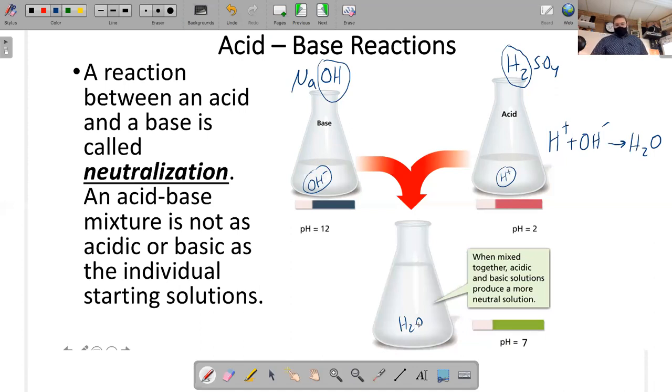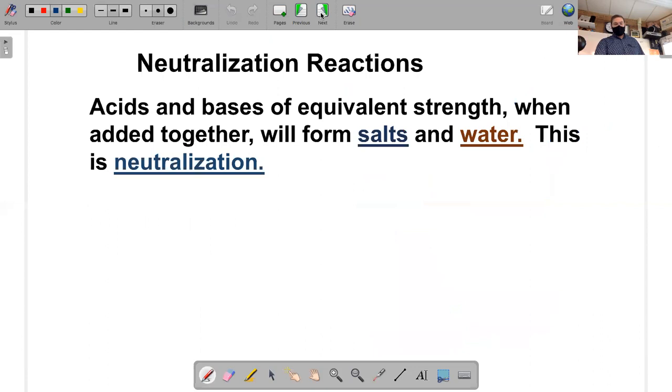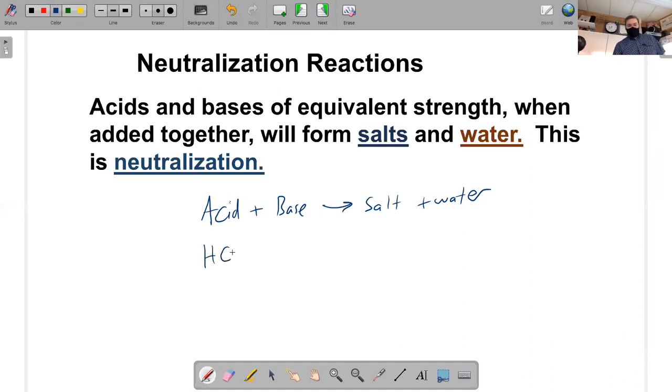But there's also chemical reactions that are important as acid-base reactions, and in general, it's a double replacement reaction. So the generic thing that happens is that an acid reacts with a base, and it doesn't just make water, but it makes some kind of salt. A really simple one would be hydrochloric acid, HCl, and a base, sodium hydroxide, NaOH.